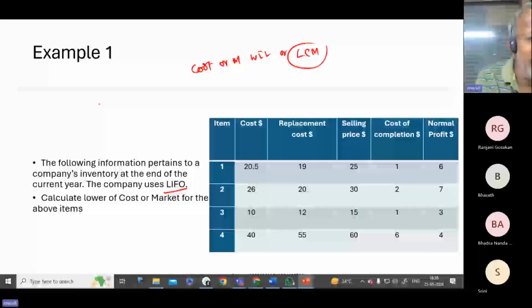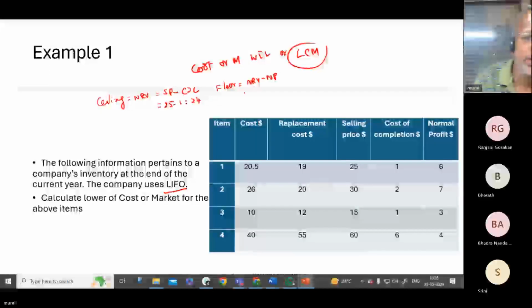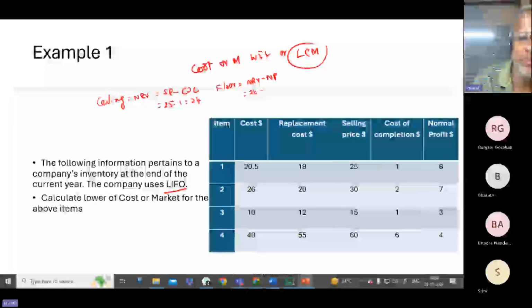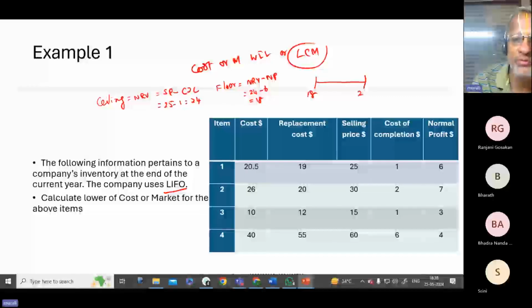So now let us arrive at ceiling. Ceiling is equal to NRV. NRV is equal to selling price minus cost to complete. So 25 minus 1, which is equal to 24. What is floor? Floor is equal to NRV minus normal profit. NRV is 24, normal profit is 6, so it is 18. So you have 18 and 24.